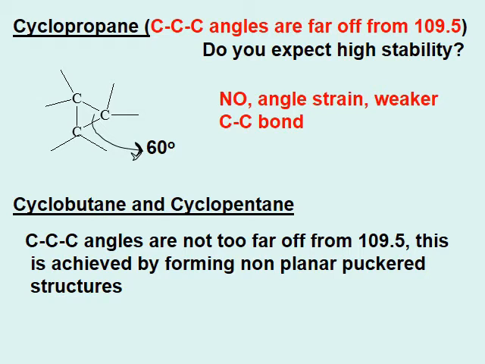This is something I already discussed, that in cyclopropane there is angular strain and weaker C-C bonds. So it's not a highly stable compound. As you add carbon atoms, the angle gets larger and approaches 109.5 degrees.